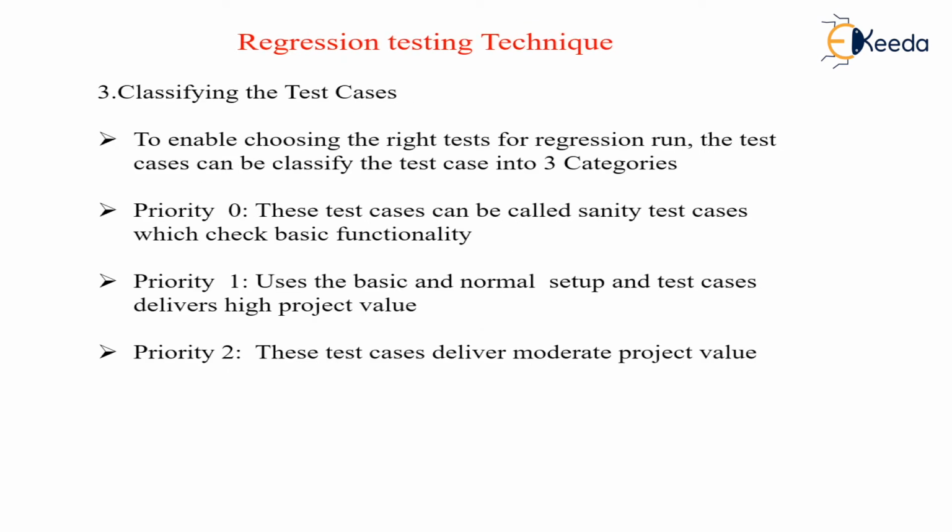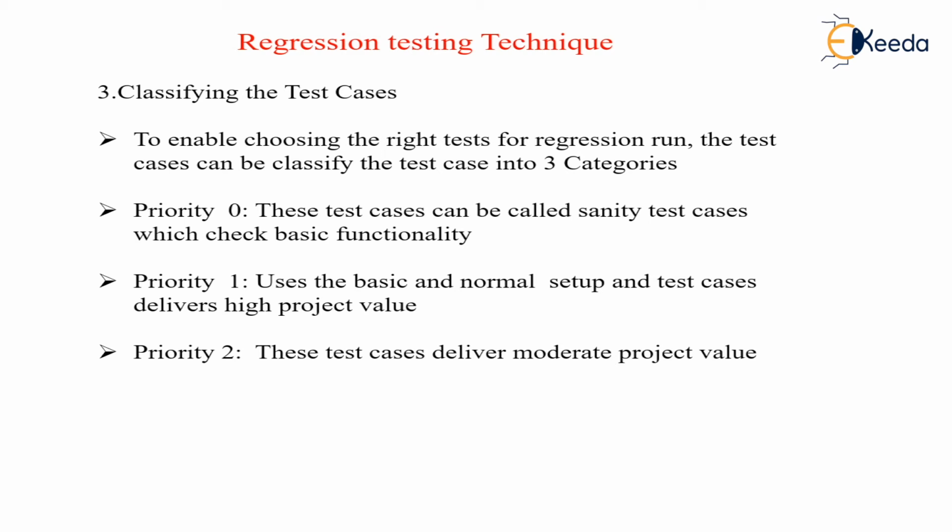Now, next is classifying the test cases. Here, the test cases have to be selected dynamically for each regression run. It would be worthy to plan for regression testing from the beginning of the project, when the test cycle begins. So, to enable choosing the right test cases, they are categorized into three. Priority 0 says that these test cases are called sanity test cases, which check the basic functionality, and these run for accepting the build for further testing.